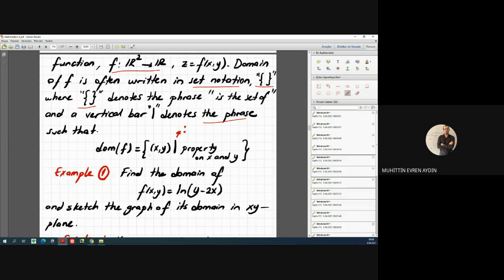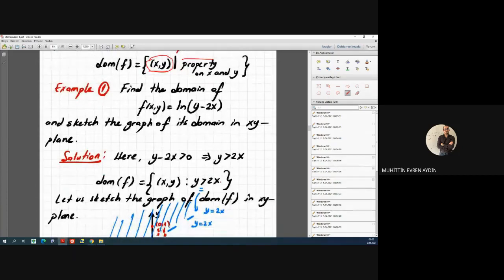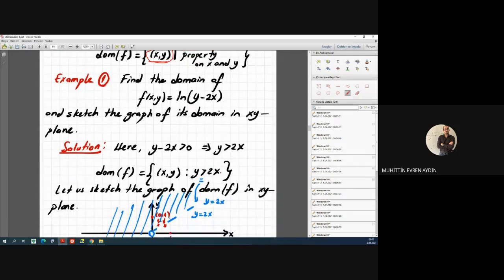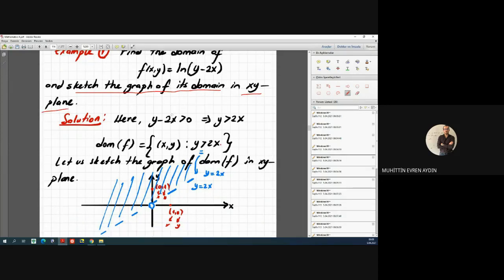The domain of f is a set composed of the points (x, y) such that a property of x and y holds. More explicitly, let's provide an example. Find the domain of the function logarithm of y minus 2x, and sketch the graph of the domain in the xy plane.